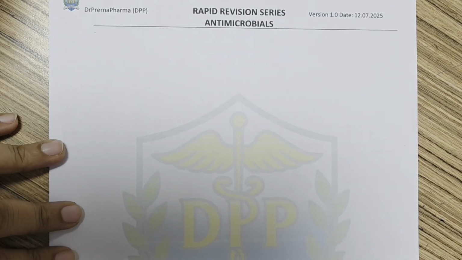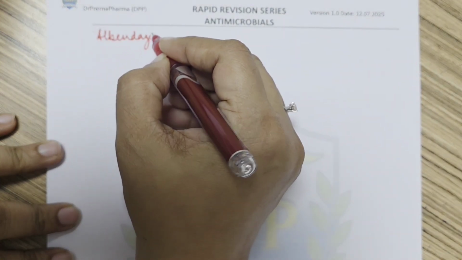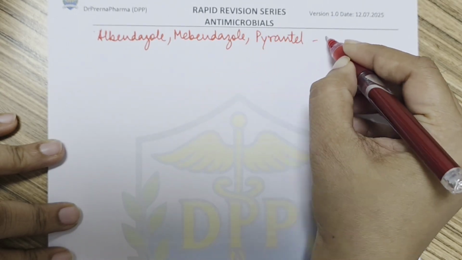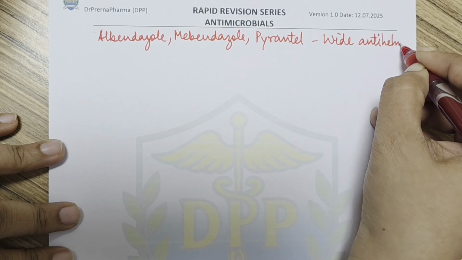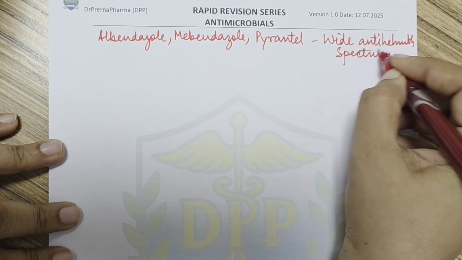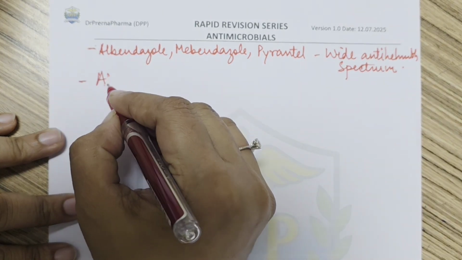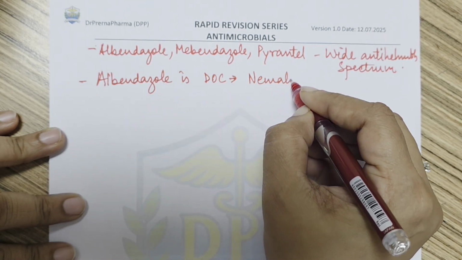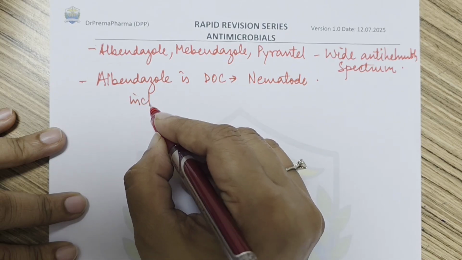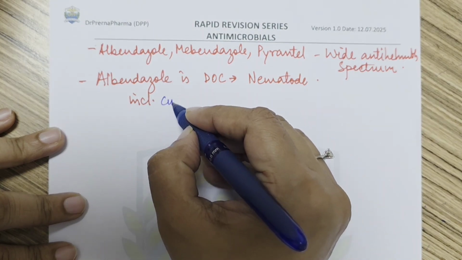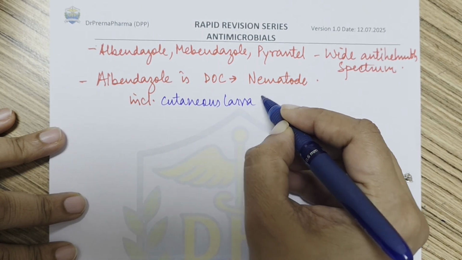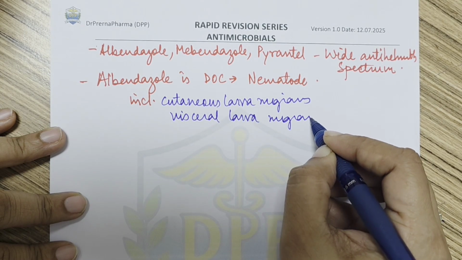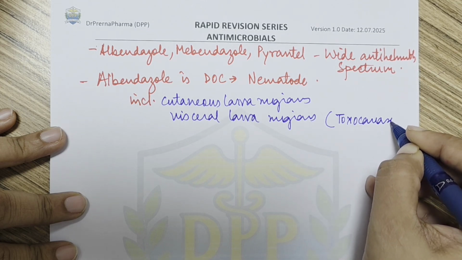First, if I talk about albendazole, mebendazole, and pyrantel, they have a wide anti-helminth spectrum, right? Next, albendazole is the drug of choice for treatment of all nematode infestation, including cutaneous larva migrans, visceral larva migrans, that is toxocariasis.